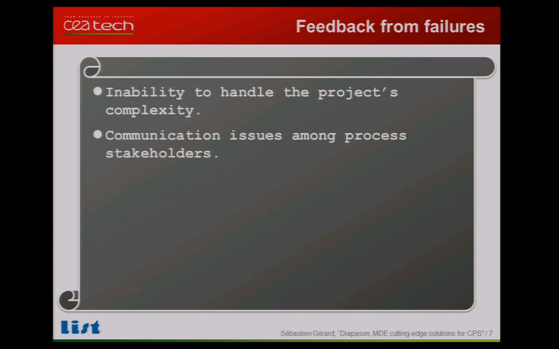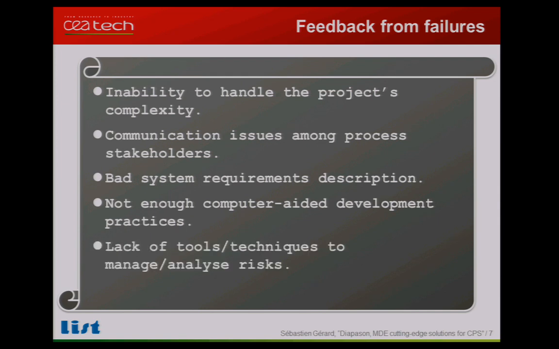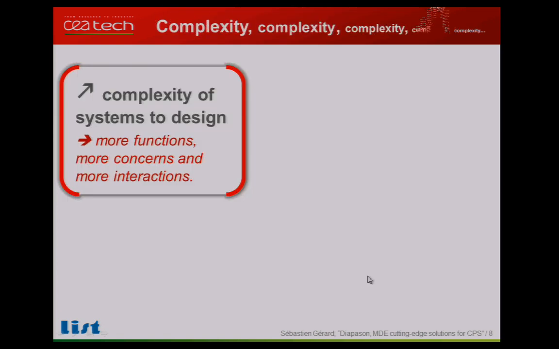And communication issues are also very important and very often the case for the failures, as are bad system requirement development, not enough usage of the possibilities of computer-aided design, lack of tools and techniques to manage and analyze the risk of the development, and of course the time-to-market pressure with, in parallel, the need to provide more and more qualified systems. So the problem is the complexity.